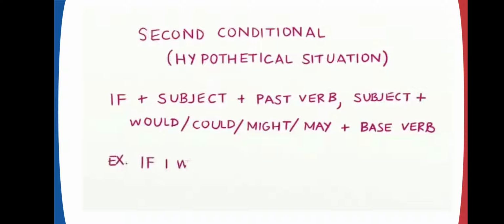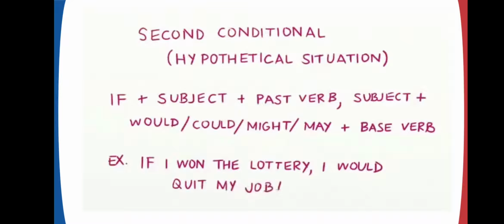For example, if I won the lottery, I would quit my job. Here we see if plus the subject, I, plus the past verb, won, which is the past of win, then the subject again, the modal verb, would, and the base verb, quit.